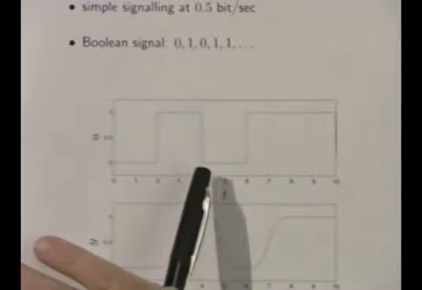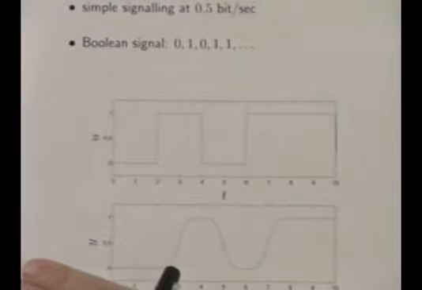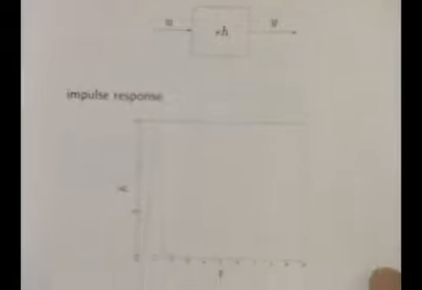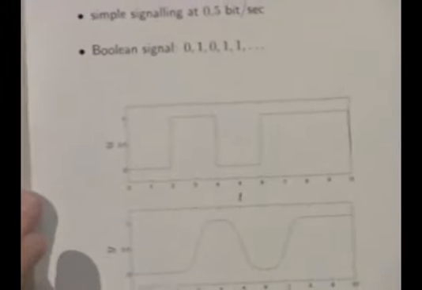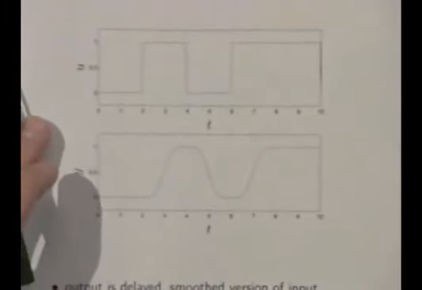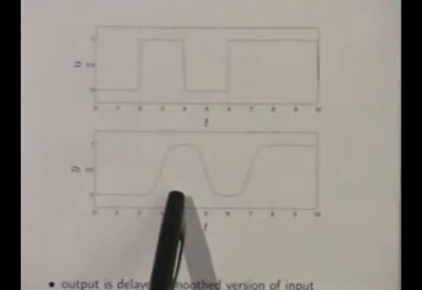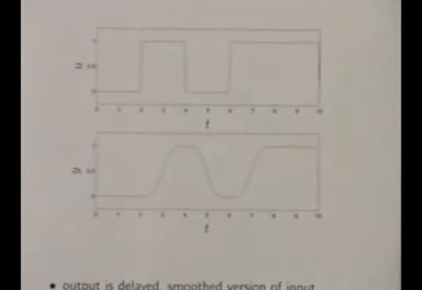So if this is the input, we calculate the convolution of this with this impulse response, which I would urge you to go back and figure out and make sure you believe very carefully. But here's actually the convolution. And sure enough, when you look at this signal and this signal, that's the input and that's the output. And someone says to you, why does it look like that?